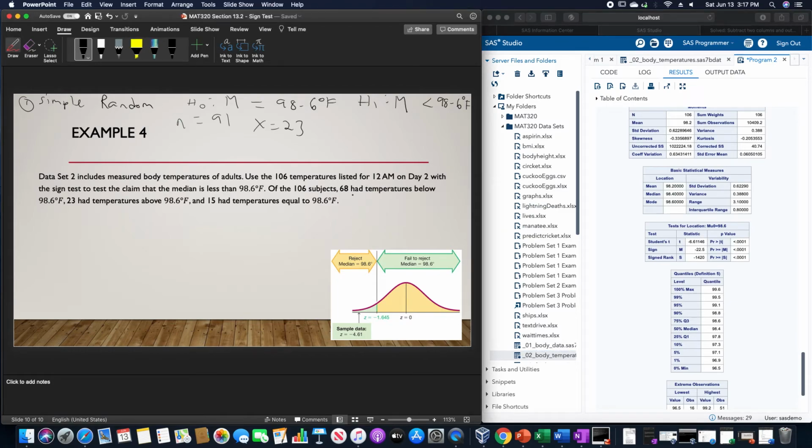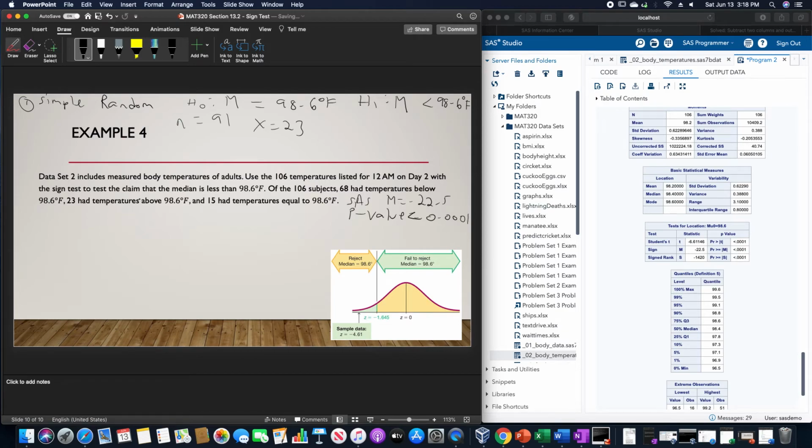So using SAS, we get an m-value of negative 22.5 and a p-value of less than 0.0001. I forgot a 0 in there.